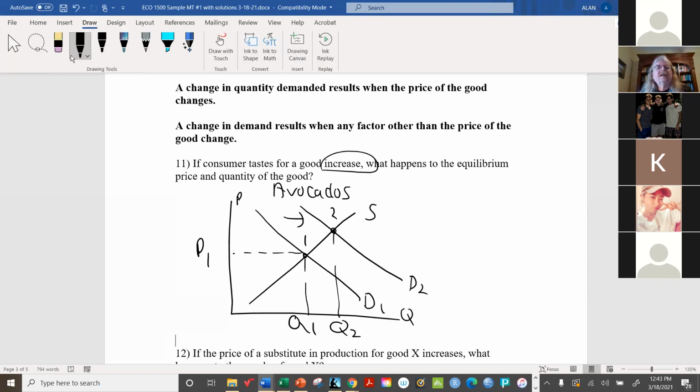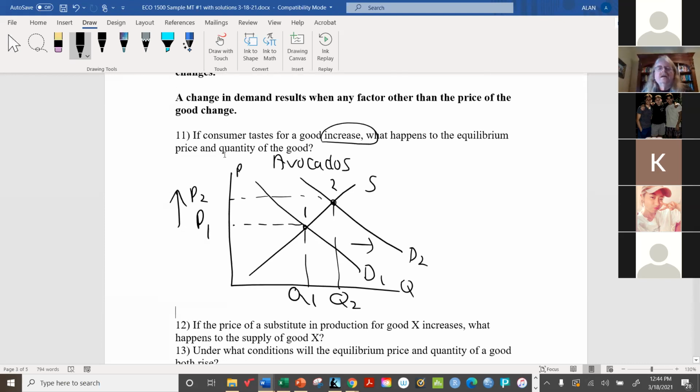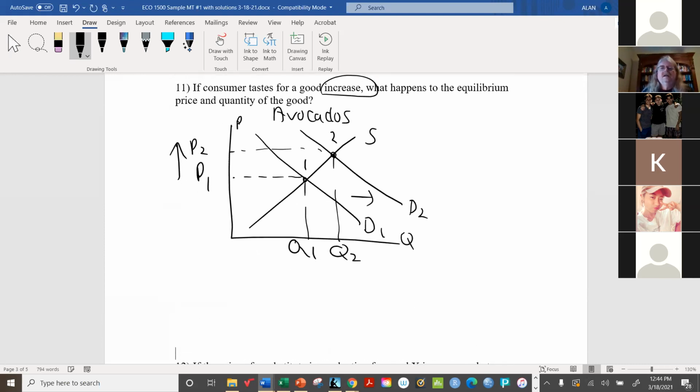Actually, let me fix one little thing here. Okay, there we go. And you can see both the price and the quantity increased as a result of this.